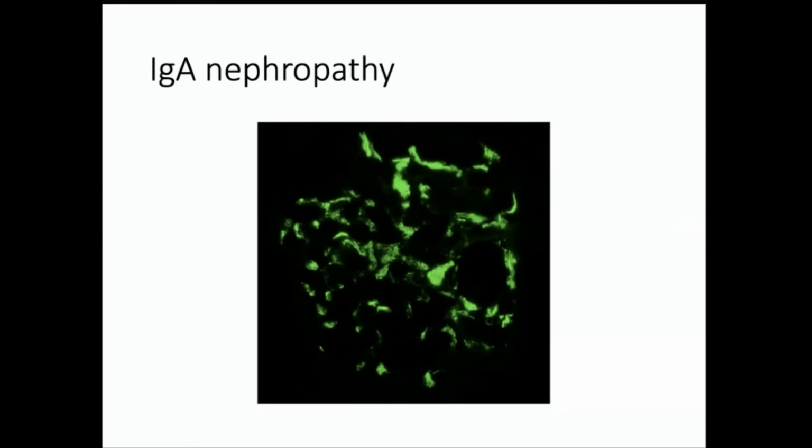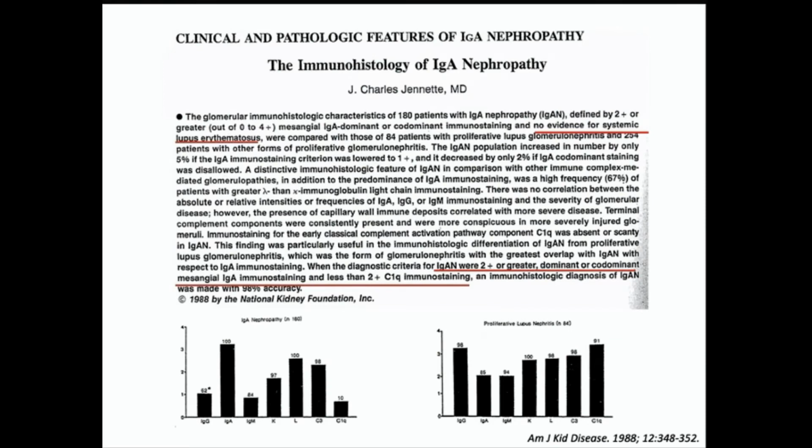But if we go back to 1989, 88. So as I said, IgA nephropathy was recognized in 1962. But even after 20 years, we have this milestone paper published by Charles Jennette. So they studied the features of IgA nephropathy. At that time, the requirement is the patient has no evidence of lupus.